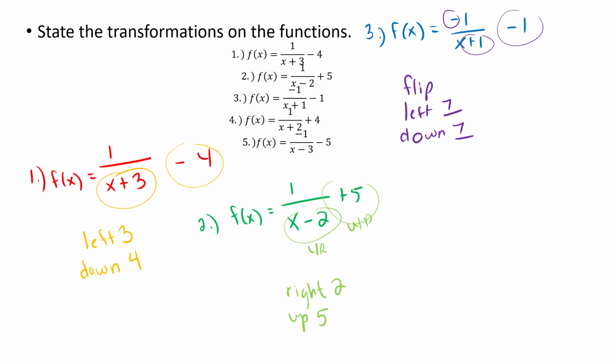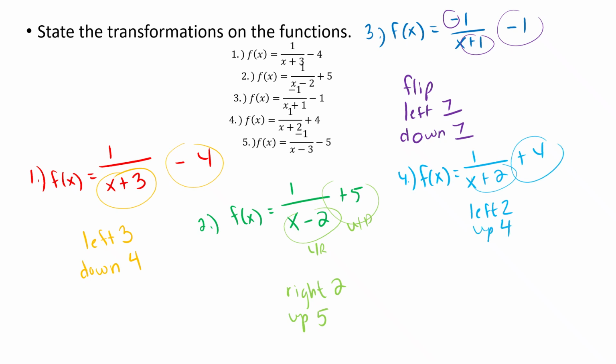Next one. We've got f of x is equal to 1 over x plus 2 plus 4. Once again, we have that plus 2, so that is going to send our graph left 2, and the plus 4 is going to send it up 4.